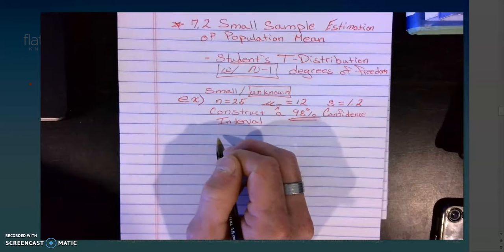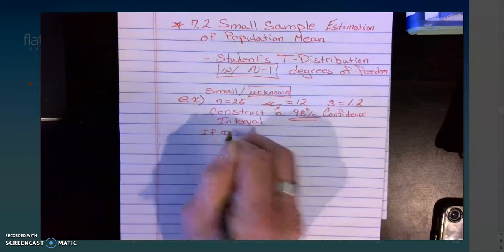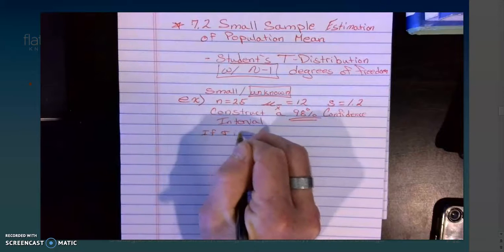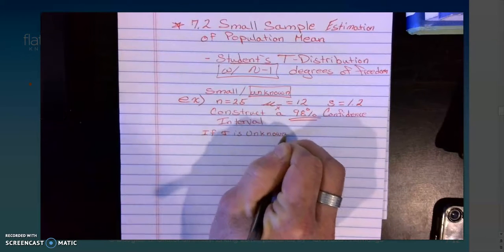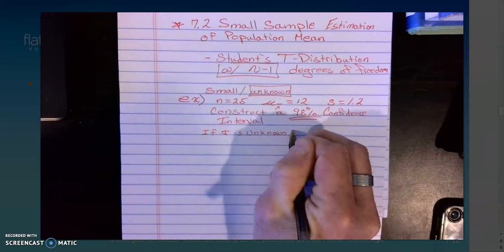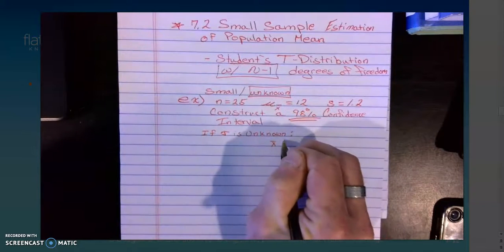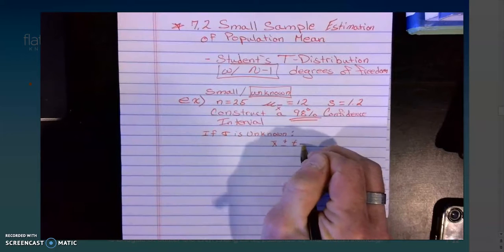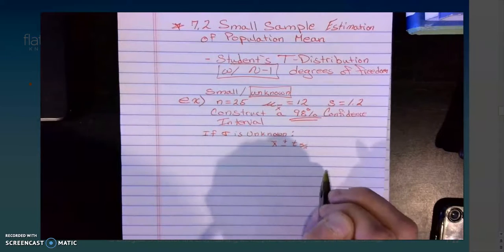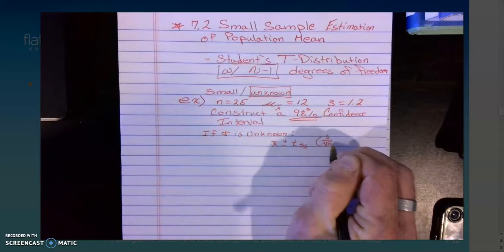If sigma, or the standard deviation, is unknown, then we use the mean plus or minus the t-distribution sub alpha divided by 2 times the standard deviation divided by the square root of n.